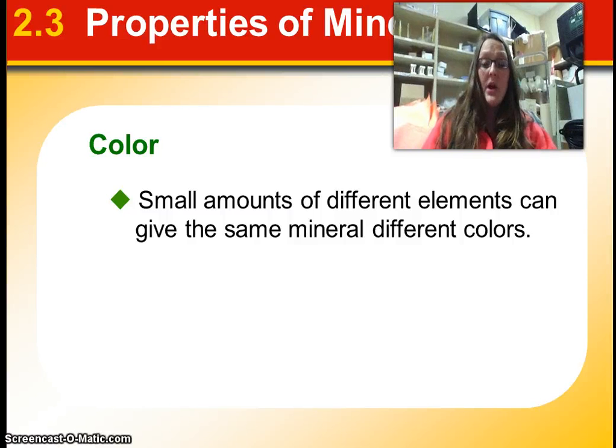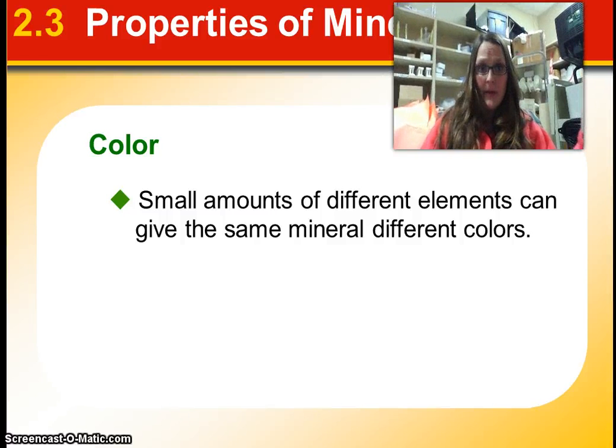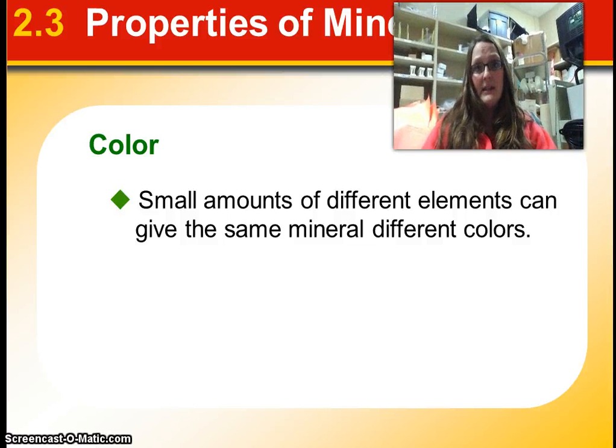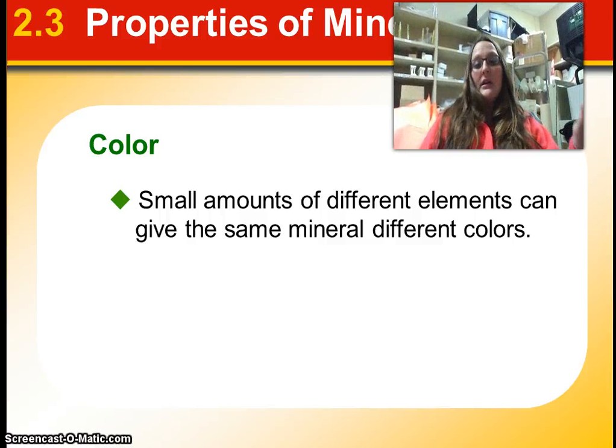Color. Okay, these are the properties of minerals. Write that down. Properties of minerals. Because there are several properties of minerals and they are on every quiz and every test in this unit. So write it down. Property number 1, color. This is not at all a good indicator to identify most minerals by, because there are lots of different minerals that all have the same color.